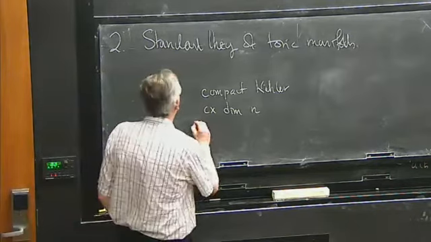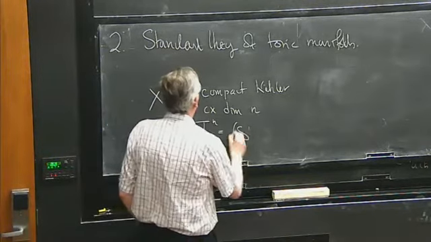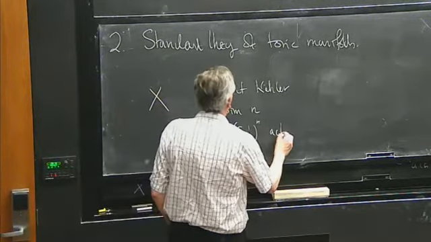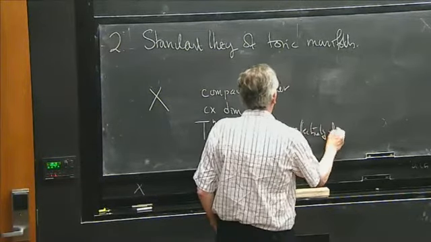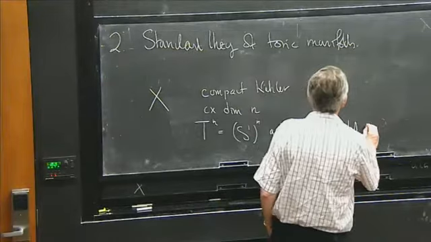So T^n, (S^1)^n, acts effectively, not just the trivial action, for example, by holomorphic isometries.